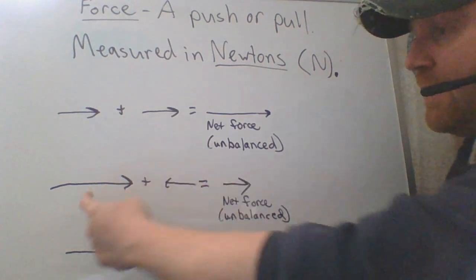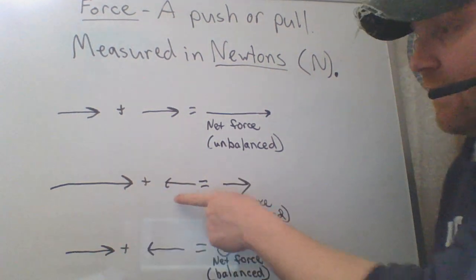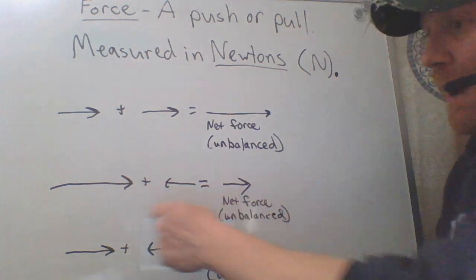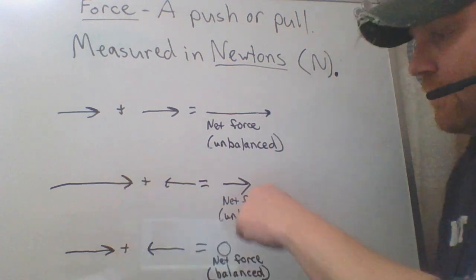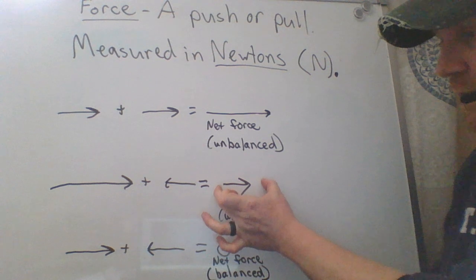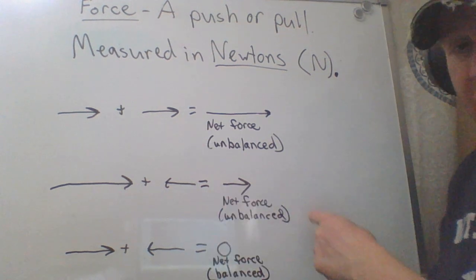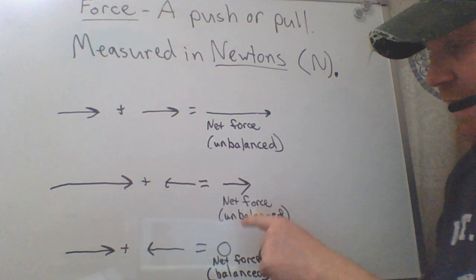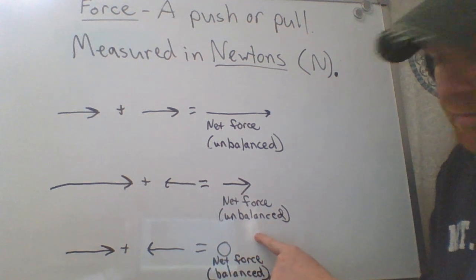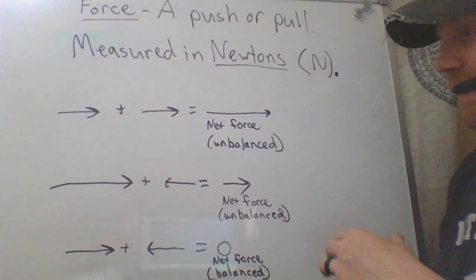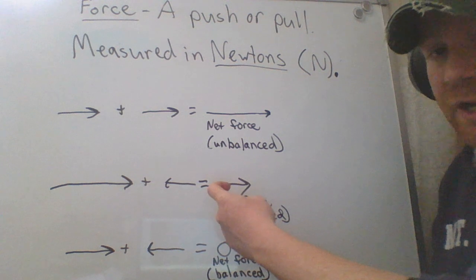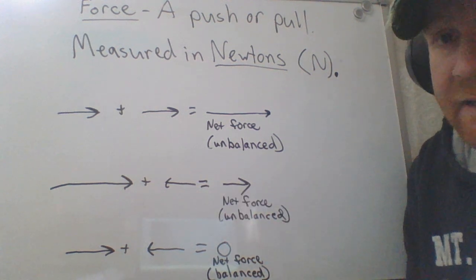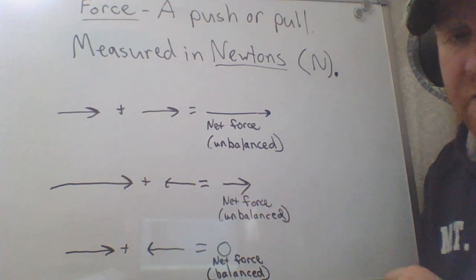So if you add these two forces together, the net force is still a small amount of force in the right-hand direction. The net force is still considered unbalanced, and it is going to make the object accelerate in the right-hand direction.